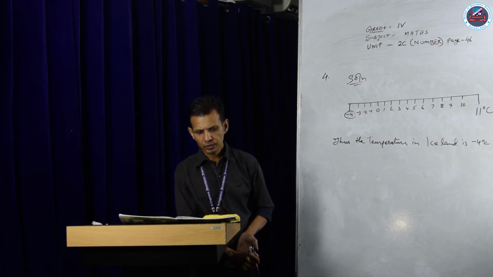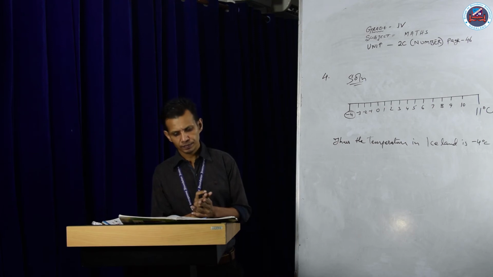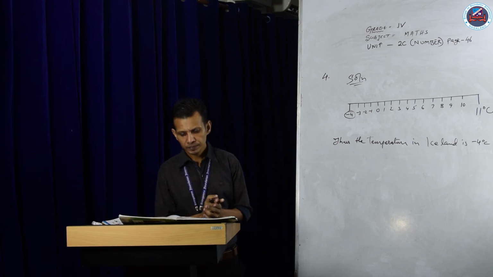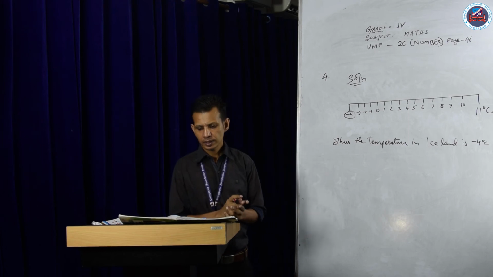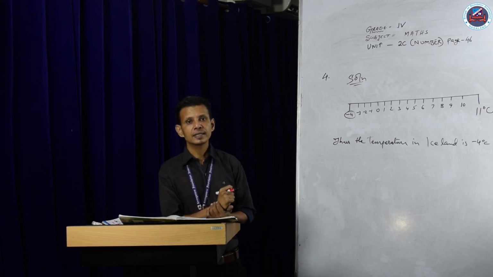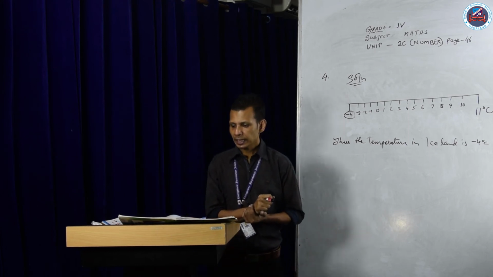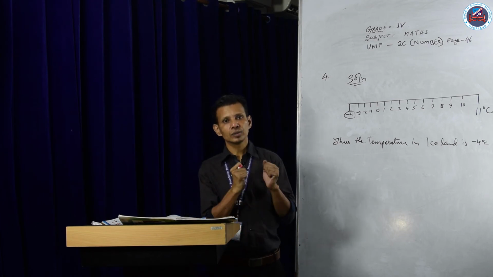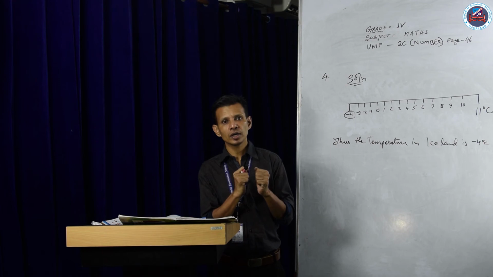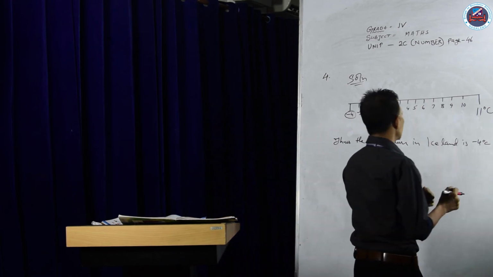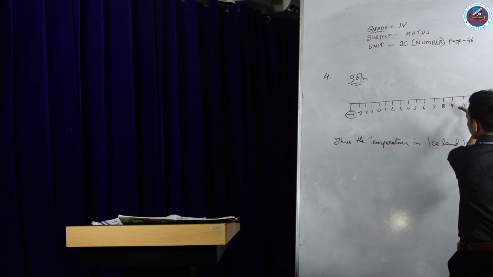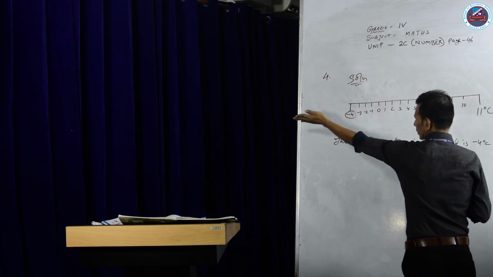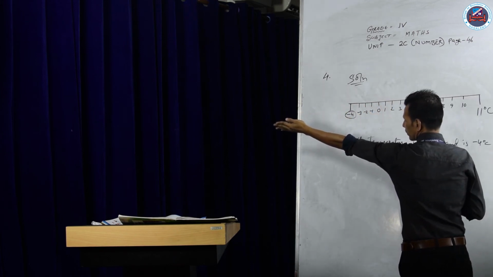Okay. Now, question number 5 I have done. Question number 6 is also simple. See, the temperature is 8 degrees Celsius and it cools down by 9 degrees Celsius. Cools down means always move to your left. This side, cools down. Okay?